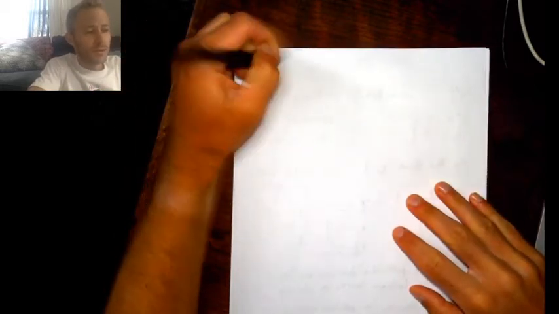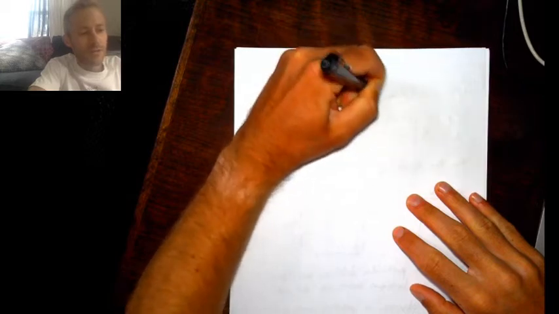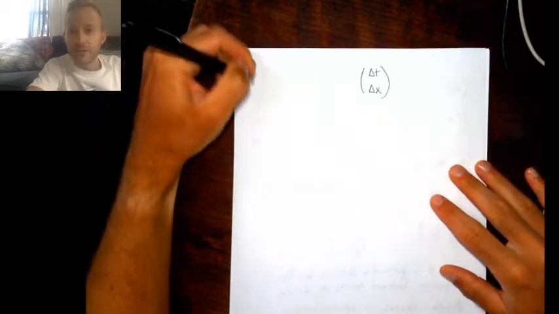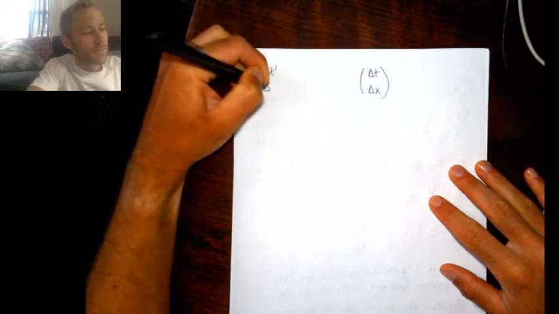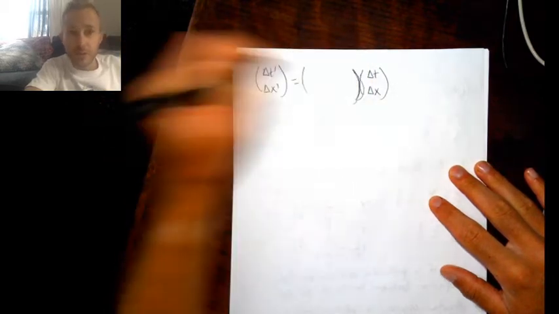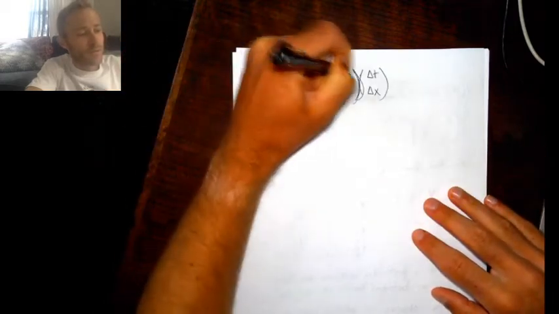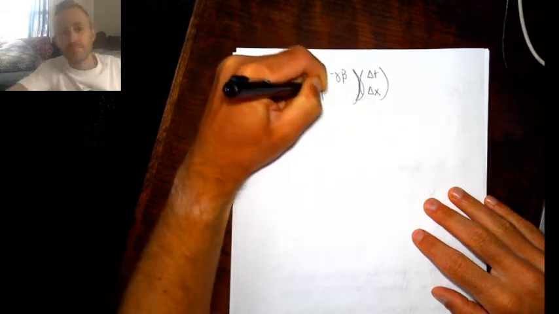So basically what we want to do is make a column vector out of delta t and delta x. And we're going to make a column vector out of delta t prime and delta x prime. And we're going to multiply it by the Lorentz transformation matrix, which is gamma, minus gamma beta, minus gamma beta, gamma.